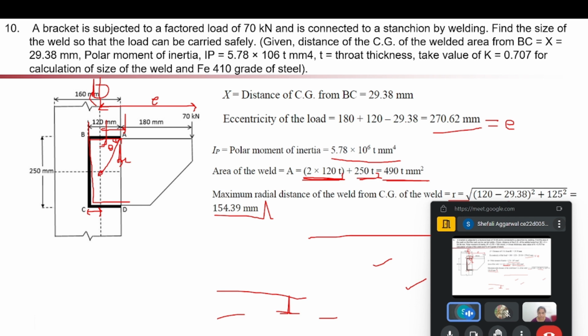But if the thickness of the AB weld is less, then our governing CG will be changed, no? Yes, our CG point will be changed, so R will be calculated from that CG point. So in that situation, if that CG is given, irrespective of the size of the weld, it will be compensated. Okay, got it.